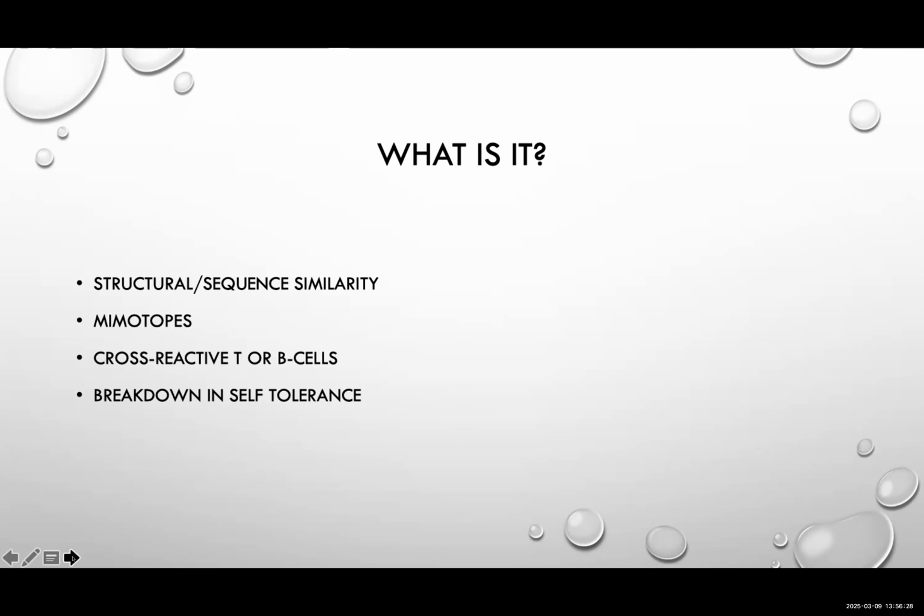These mimotopes cause a cross-reaction with T or B cells and lead to a breakdown in self-tolerance, triggering an immune response against self-antigens. This has become a prominent theory for how pathogenesis occurs in those genetically predisposed to autoimmune diseases.